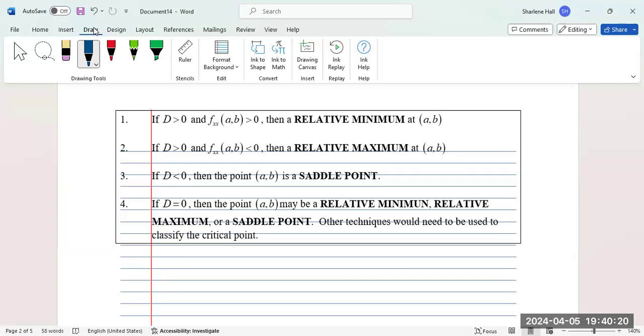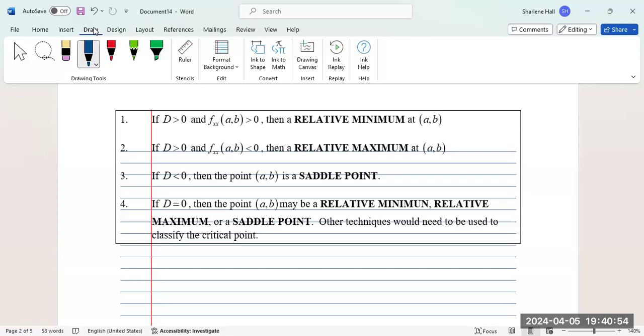Number one says, if D is greater than 0, the value of D is positive. And if D is positive, and f_xx is also positive, you're going to have a relative minimum. If the value of D is positive, but f_xx is negative, you're going to have a maximum.